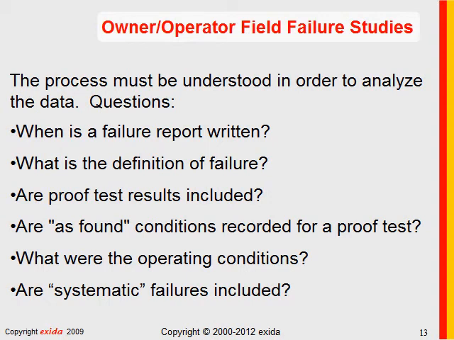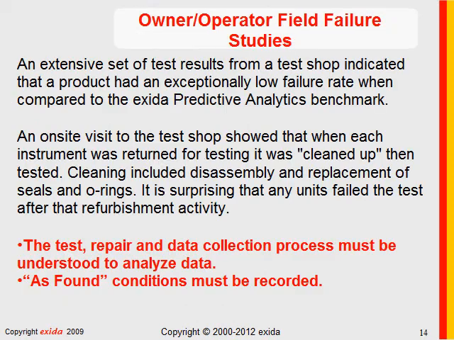What's the definition of failure? Are proof test results included? Are the as-found conditions recorded for a proof test? What are the operating conditions? What's the operating environment? And are systematic failures included? These are all very important variables in an owner-operator field failure data set.